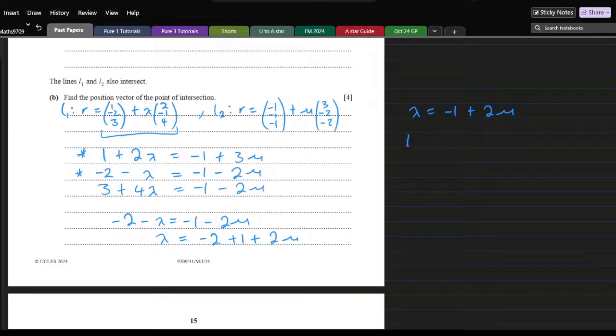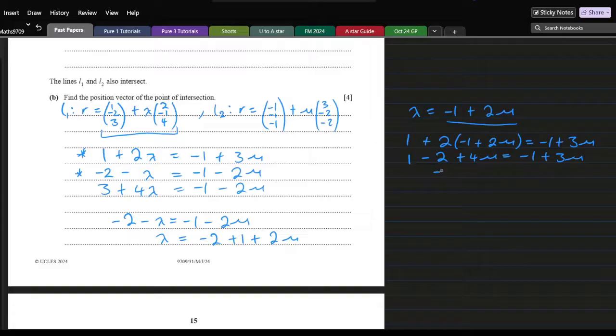So we've got 1 plus 2 lambda, and our lambda is negative 1 plus 2 mu, and this is equal to negative 1 plus 3 mu. So that's 1 minus 2 plus 4 mu is equal to negative 1 plus 3 mu.